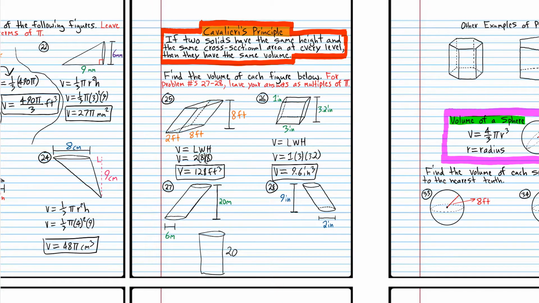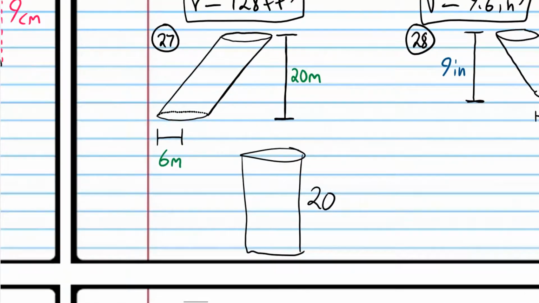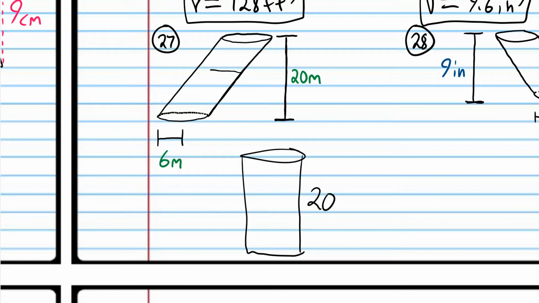So we see that the height is the same for both. These are both 20. But now if you take slices, you see that the slices are circles with radius 6. Well, if you take the slices here, if you make that radius 6, then you have the same cross-sectional area for each one of those slices. They're just circles with radii 6.